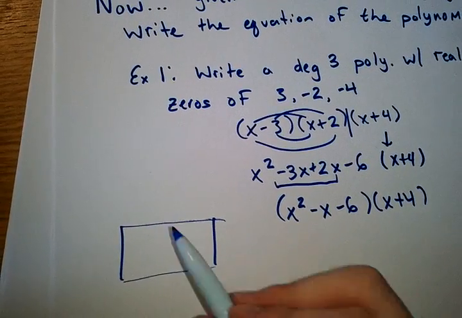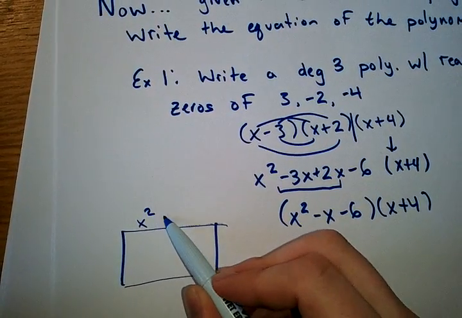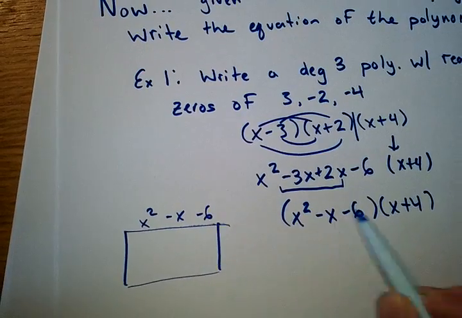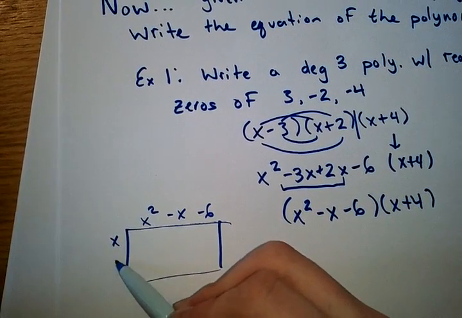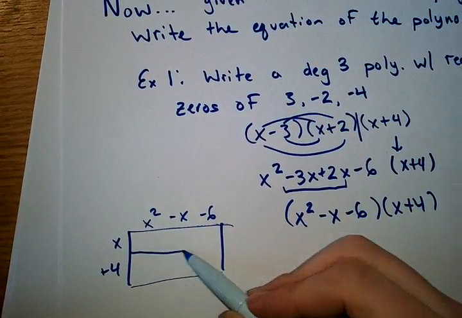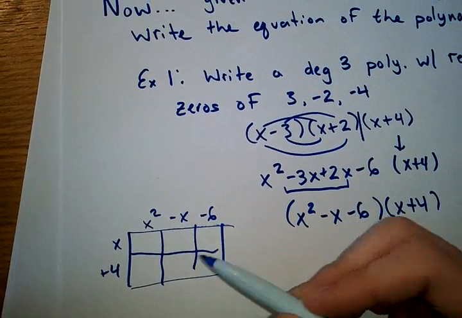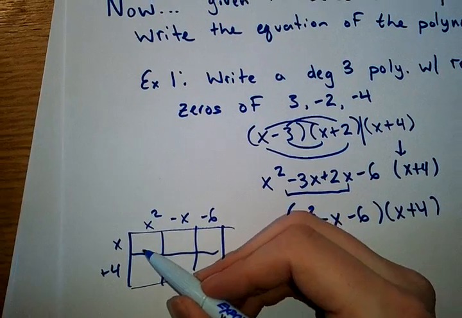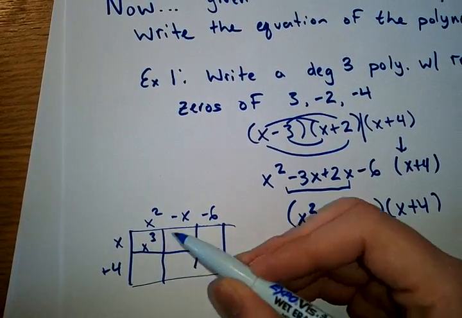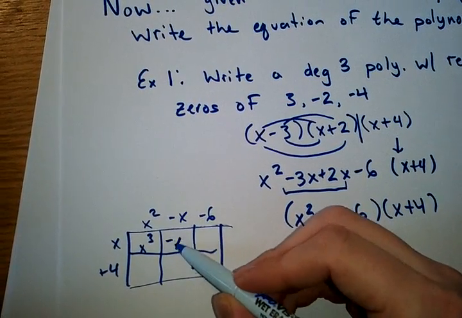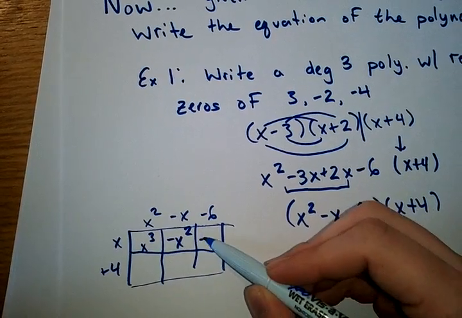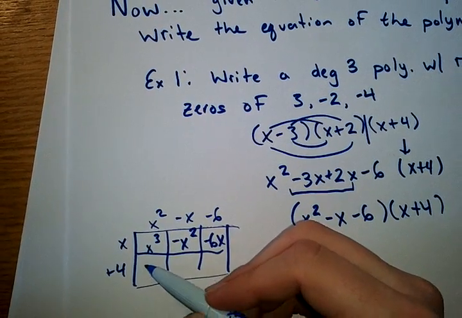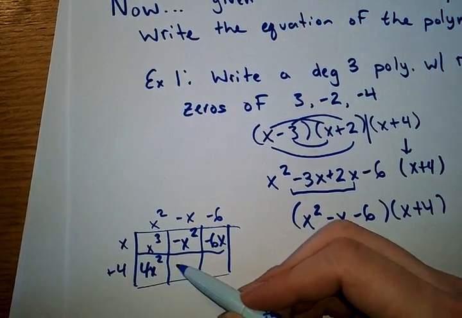So across the top, I'll write x squared minus x minus 6, and along the side, I'll write my x plus 4. Inside the boxes, we multiply here. So x times x squared gives me x cubed, negative x squared, and we're multiplying inside the boxes.